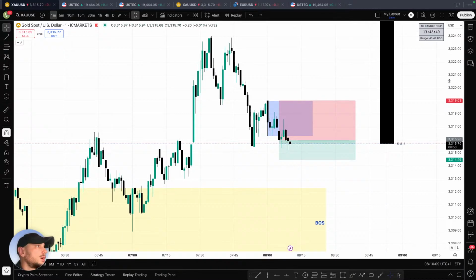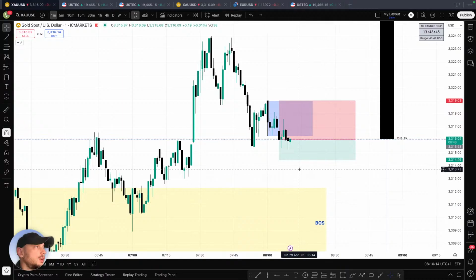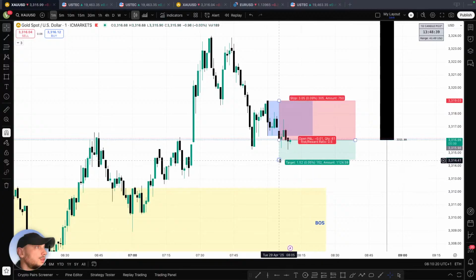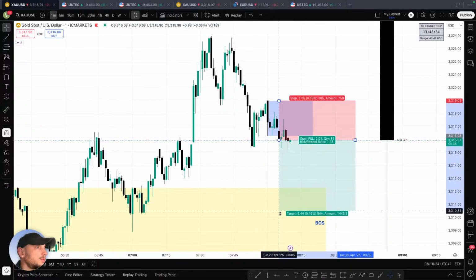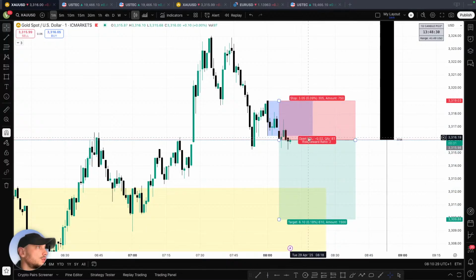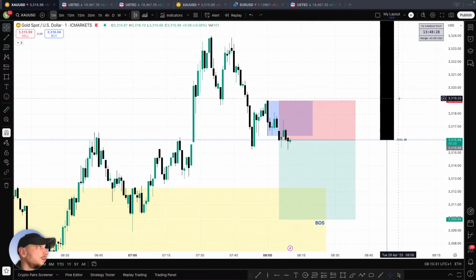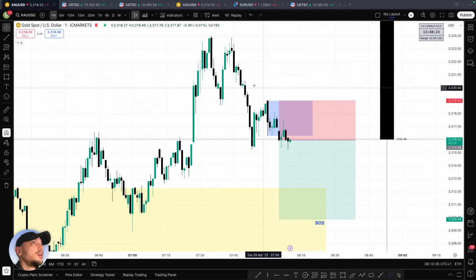It's looking good actually. I like it, especially if we go to the break of structure. We can take profits here on these levels. This is 2R, 1.5. Let's see how it goes. We don't have much breathing space. Just 3 ticks. That's nothing.